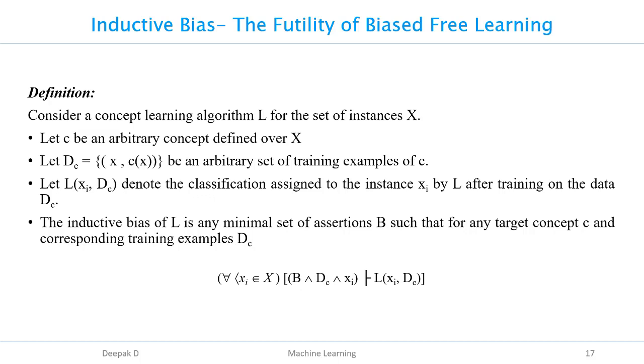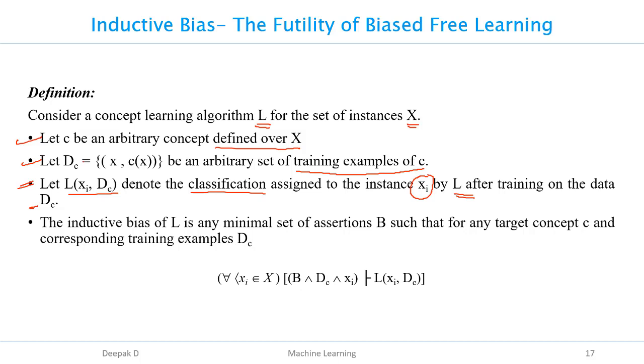So let's consider a concept learning algorithm L for the set of instances X. Here C can be an arbitrary concept defined over X, and D be an arbitrary set of training examples of C, and L(xi, Dc) denotes the classification assigned to an instance xi by L after training on the data Dc.